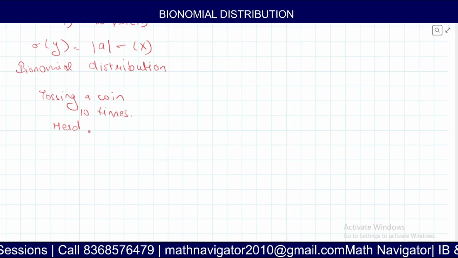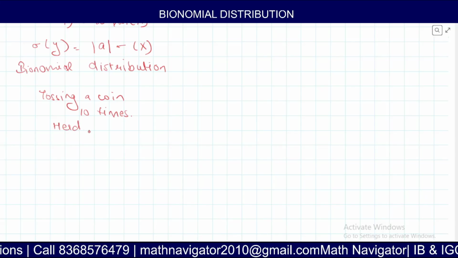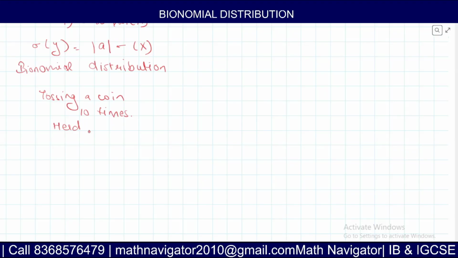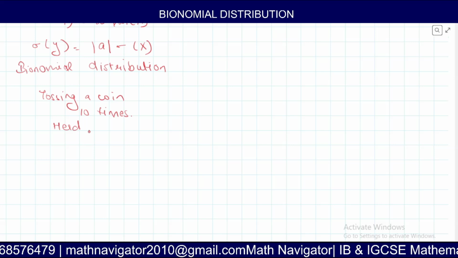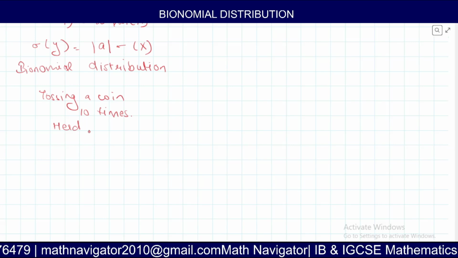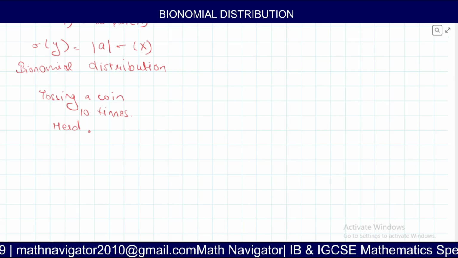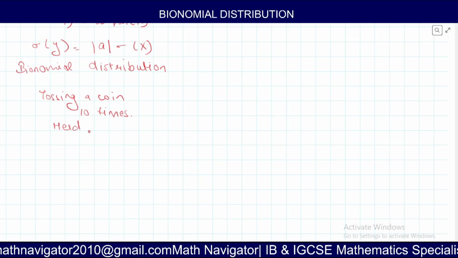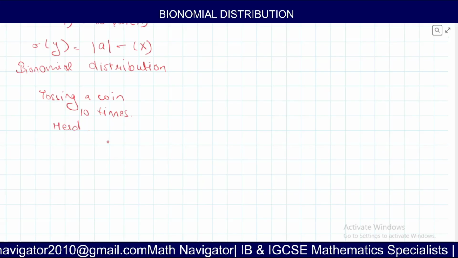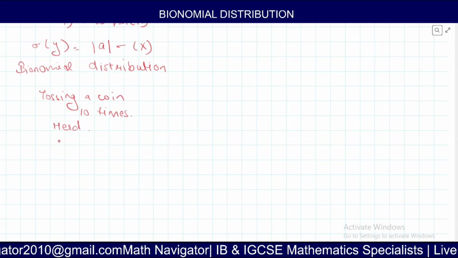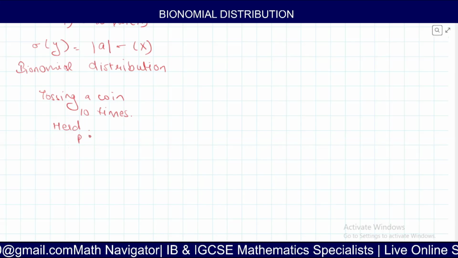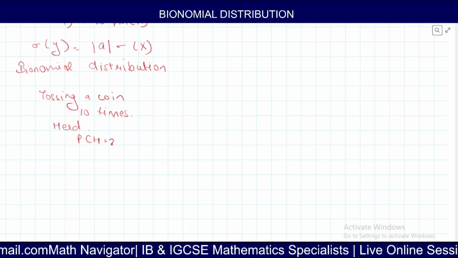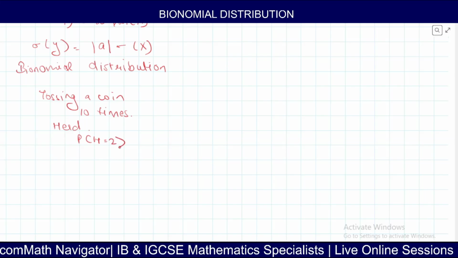I can have head one time, no heads, 2 times, 3 times, or 8, 9, or 10 times. That means out of 10, I can get 4 heads, 3 heads, 2 heads, and so on. So if I want to find the probability of heads equal to 2, how do I do that?